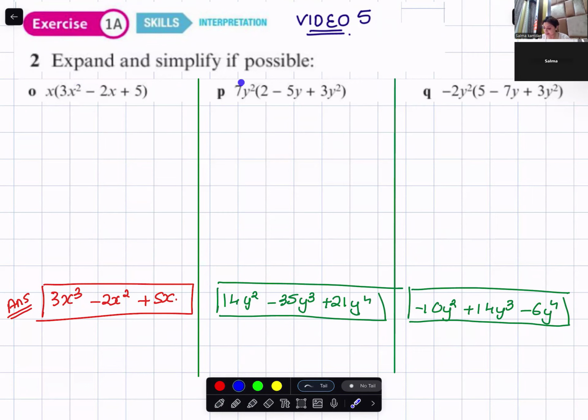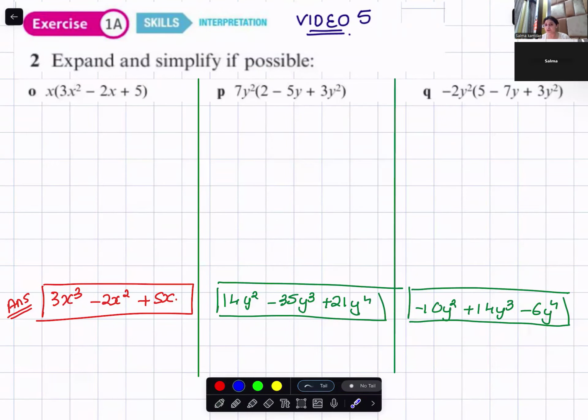Same way, you have to multiply 7y square with every component inside the bracket, with 2, with minus 5y, and with 3y square. And this would be 2 plus 2, y4. This is your main answer. Similarly over here.